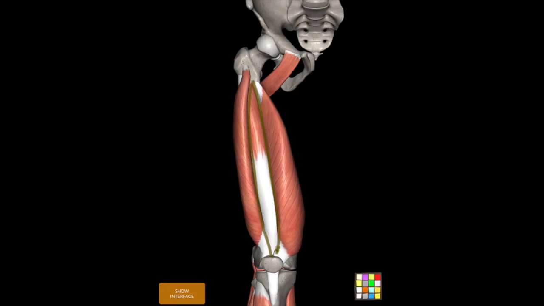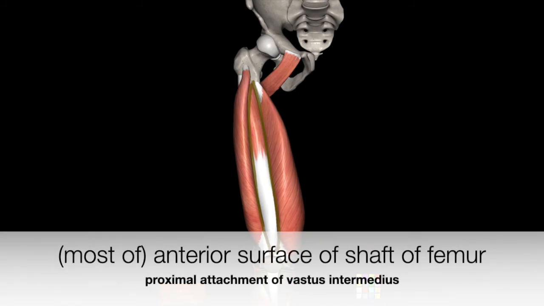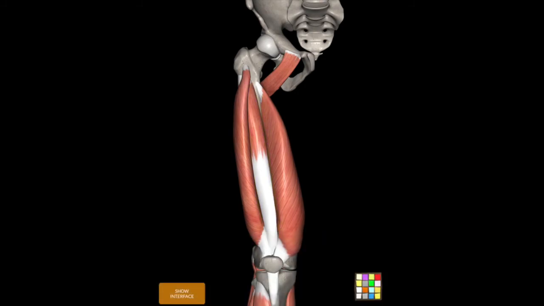The proximal attachment of vastus intermedius is a substantial part of the anterior shaft of the femur. So if we remove vastus intermedius, we could see that it would have been attached along here. And because it takes up so much of the anterior femoral shaft, it doesn't leave room for its brothers vastus medialis and lateralis to attach here. So they are forced to attach posteriorly to the medial and lateral lips of the linea aspera.